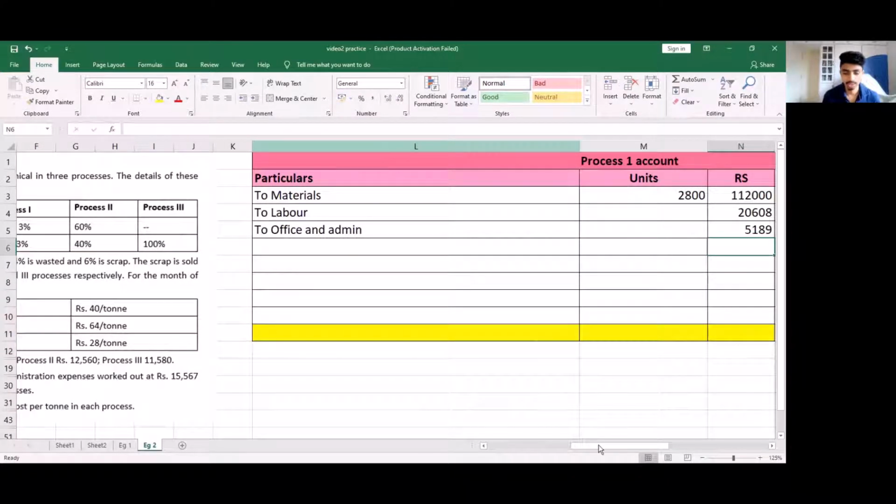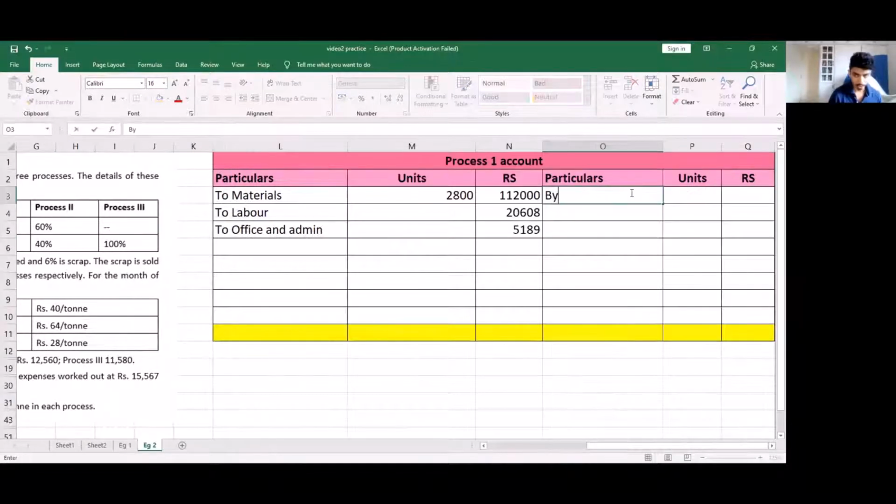Now we'll take a look at the normal loss. For normal loss, the question has given us that in each process, out of the total weight put in, 4% is wasted and 6% is scrap. So now 4% wasted is our normal loss. So 4% of what? 4% of 2,800. So we have normal loss equal to 4% of 2,800, which gives us 112.